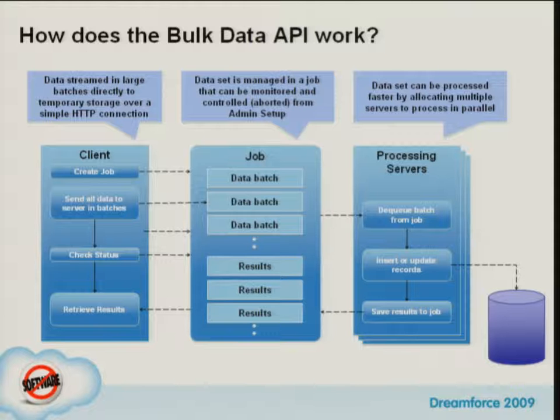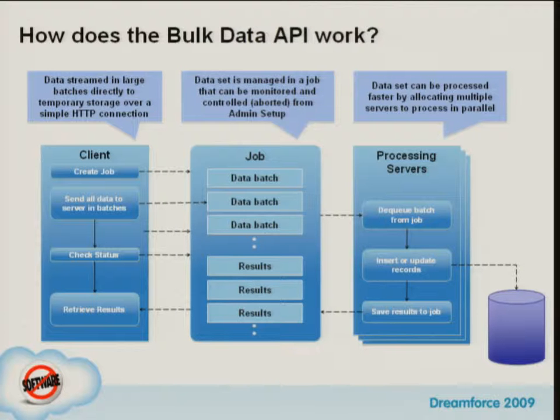And meanwhile, on the server side, within the Salesforce.com side, what we're able to do is take those batches, those 10,000 record batches, and start processing them. We can process them in serial. We can also process them in parallel. And there's basically options in the parameters in the API that define that.